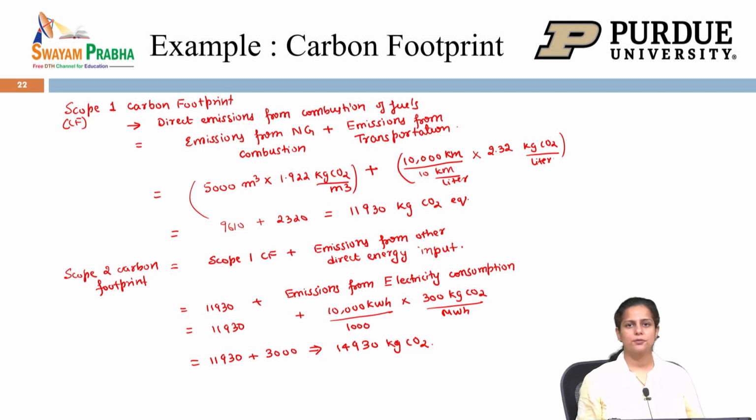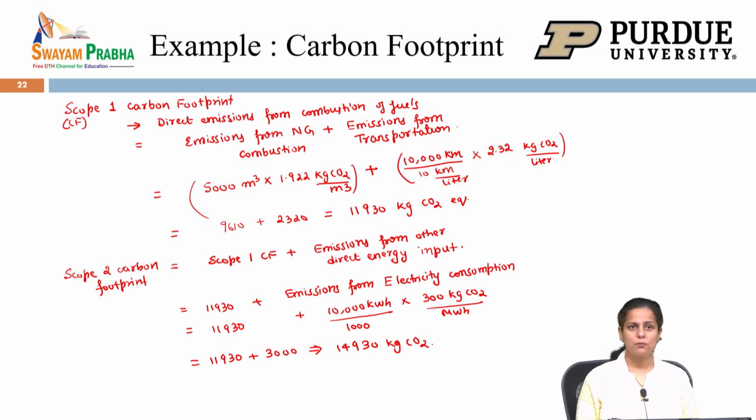So, scope 2 carbon footprint is also very straightforward. You would want to know what is the direct energy input other than the fuel combustion that has been done directly at the facility or the transportation. So, that constitute the scope 1 carbon footprint. You calculate that separately, and then if there is additional energy input such as of electricity or any other input, you use the emission factor and multiply by the amount that is being consumed.